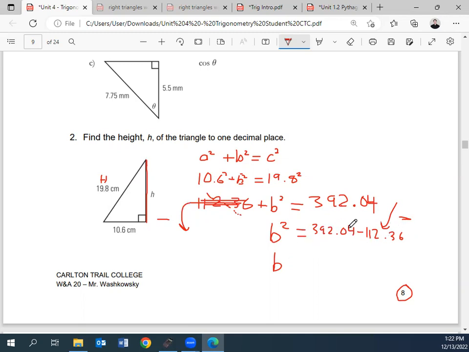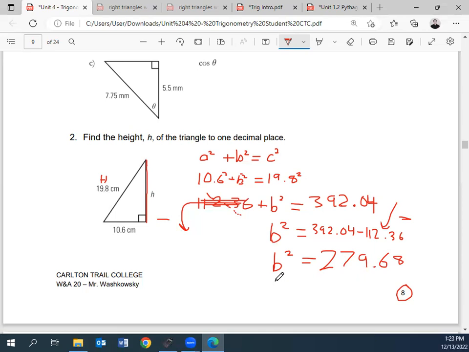And so then that's going to give me b squared is equal to 392.04 minus 112.36, which is equal to 279.68.